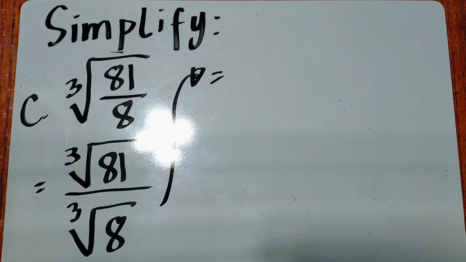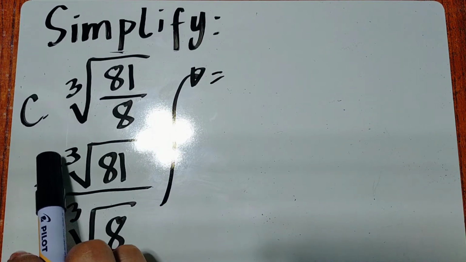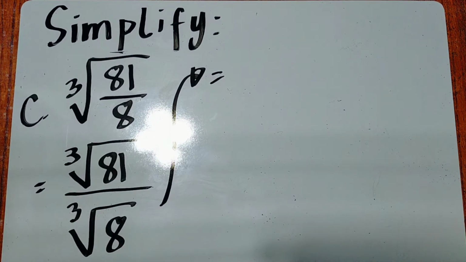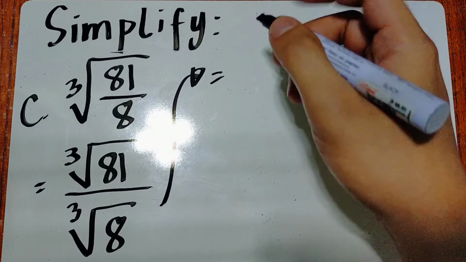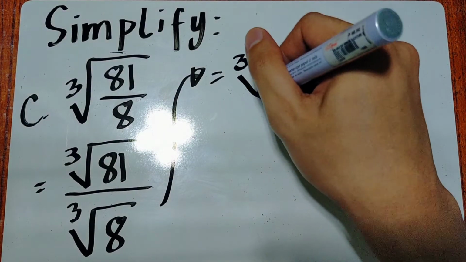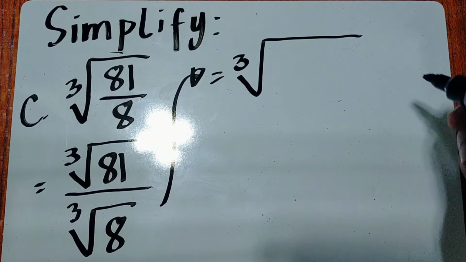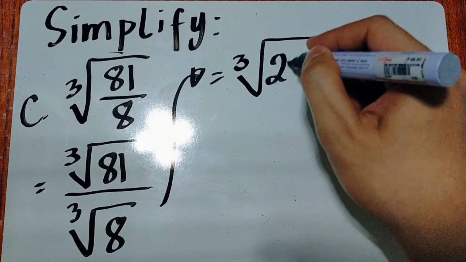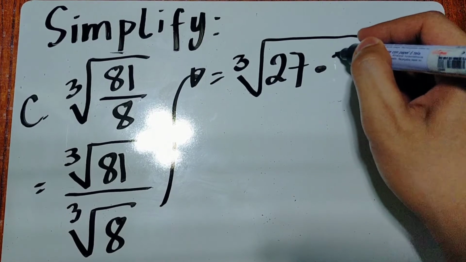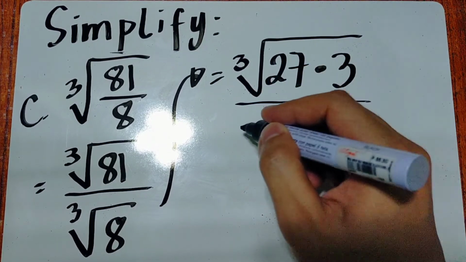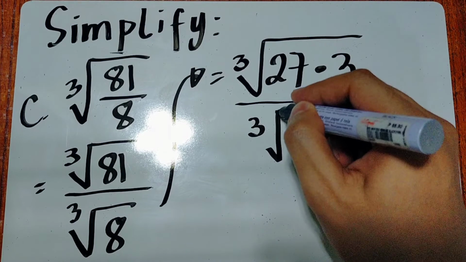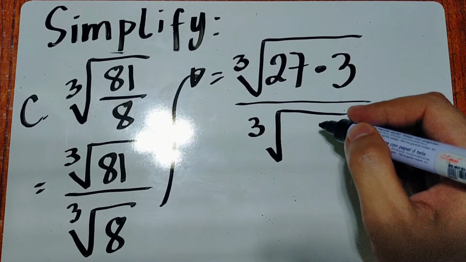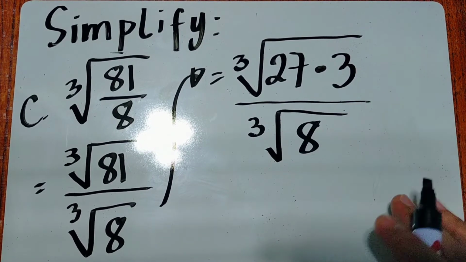Bakit? Kasi naka-indicate doon yung given natin na index, which is 3. So, we have to find the factor of 81 na may perfect cube, and that is 27. Multiply natin siya by 3. And we all know that 8 is a perfect cube.